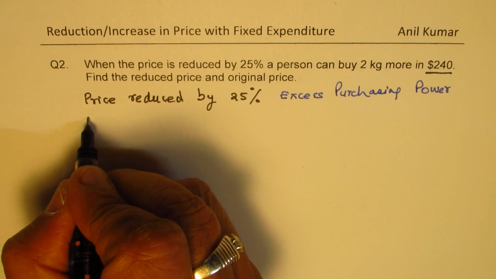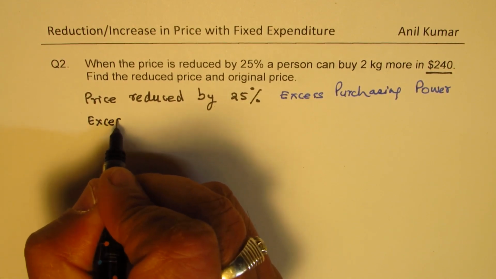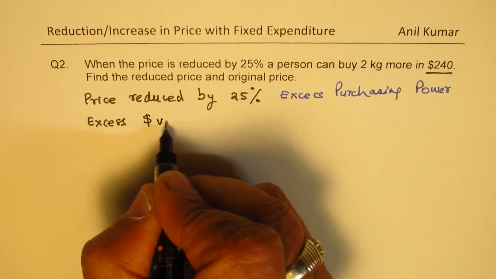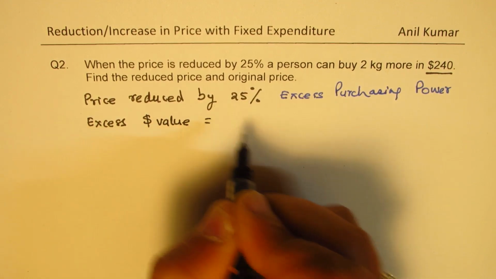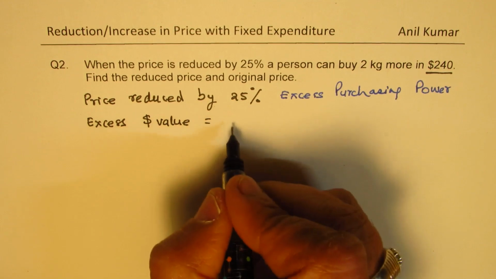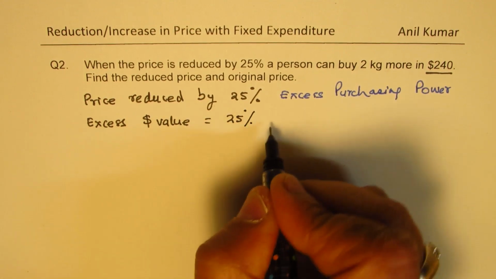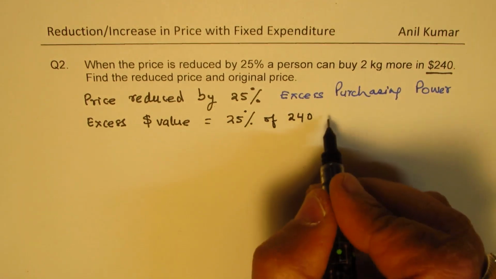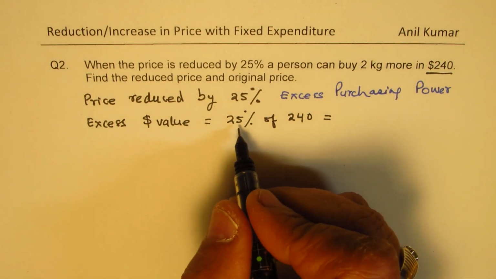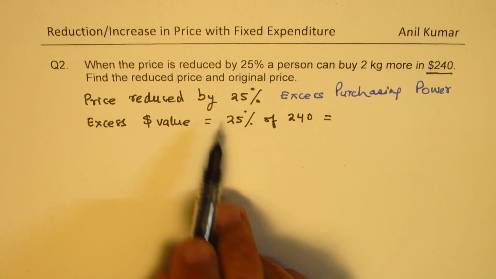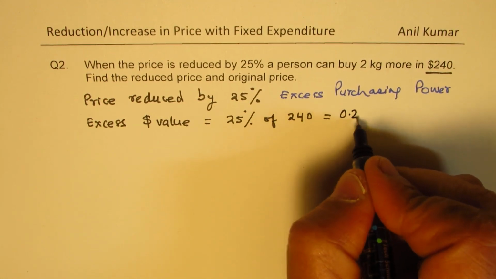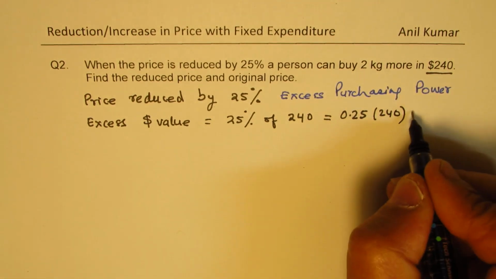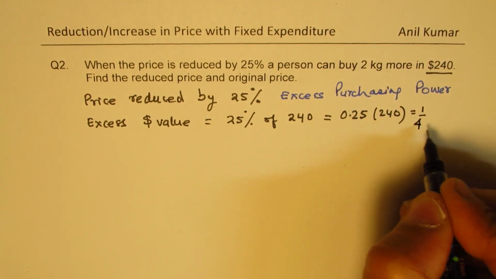So we can write this as excess dollar value, which is actually 25% of 240, correct? When I say 25%, you can multiply by 0.25, or you could also do 1/4 of 240.